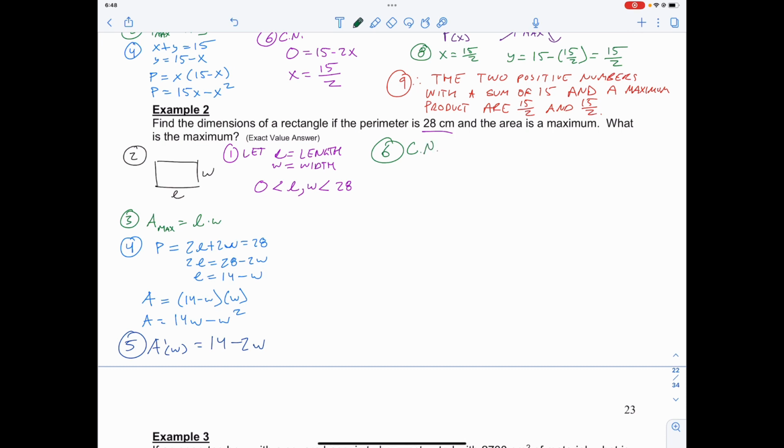So I'm going to say that 0 is equal to 14 minus 2W, which means that W is going to equal 7.